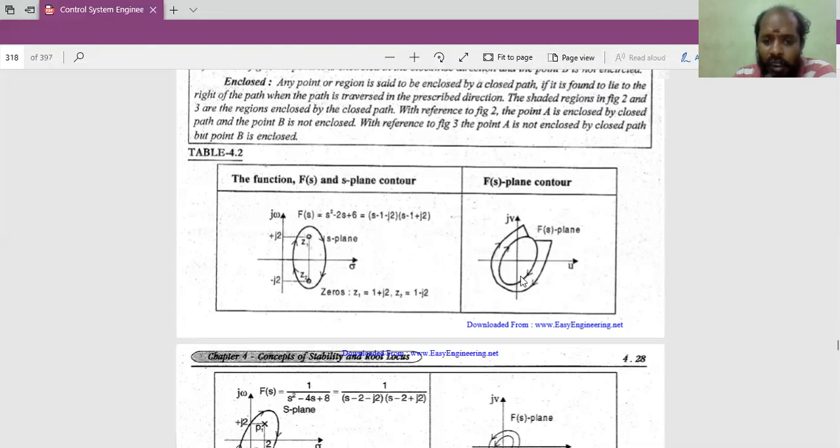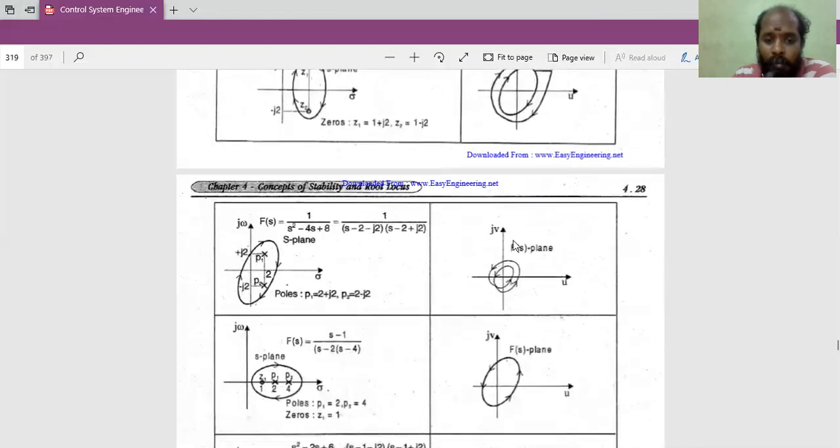If it is a zero, then the encirclement should be in clockwise direction. If it is a pole, then the encirclement should be in anti-clockwise direction. That too, the encirclement should be around the origin. Okay. For understanding, we will start with this example. Let us go to the second one.